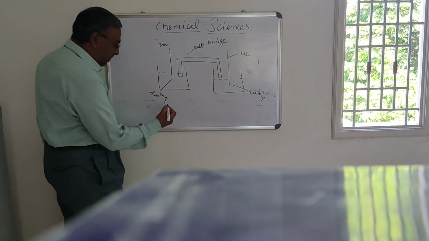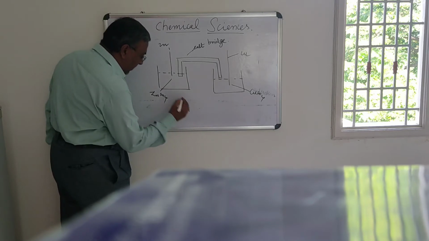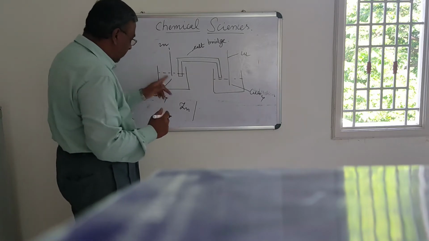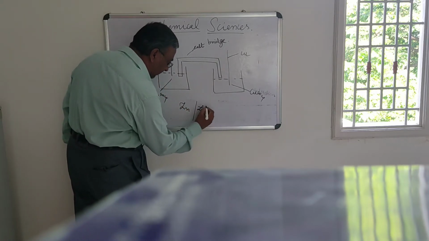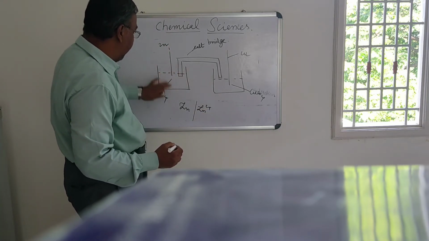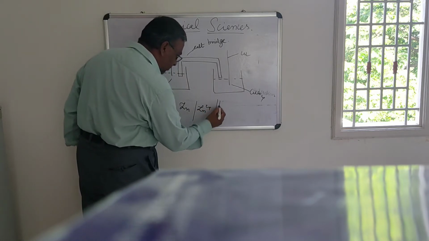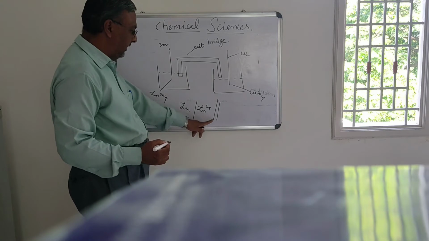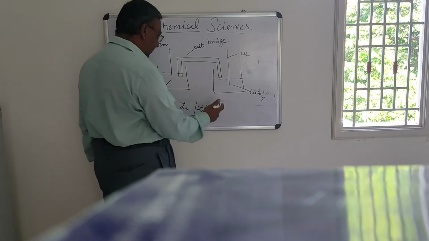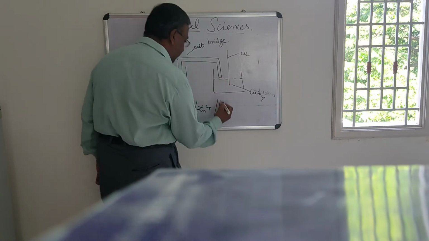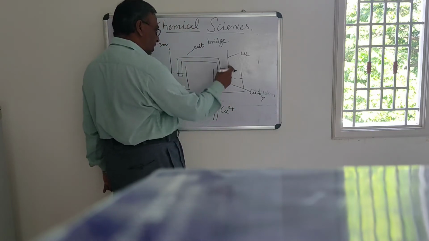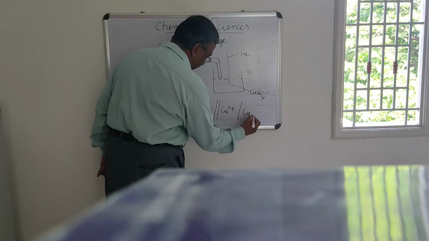The cell can be easily represented as electrode zinc in contact with electrolytic solution containing Zn2+ ions, and this electrolyte is connected to a salt bridge. Usually the double line represents salt bridge connecting the two half cells, and the salt bridge is in contact with Cu2+ ions present in this solution, which is in contact with copper.